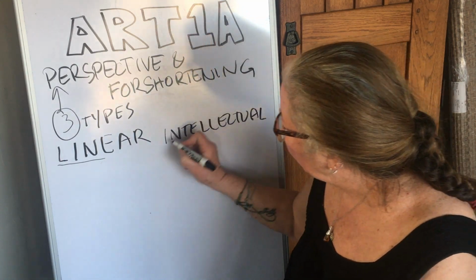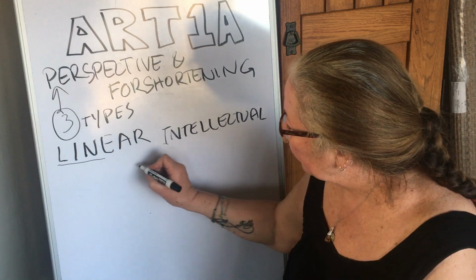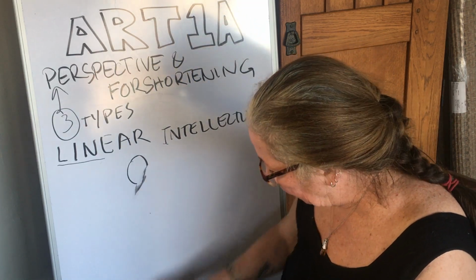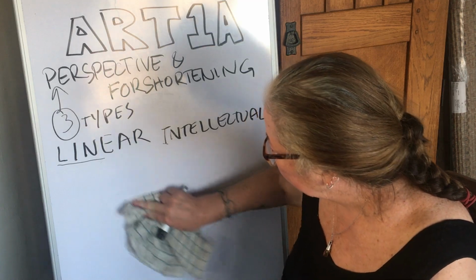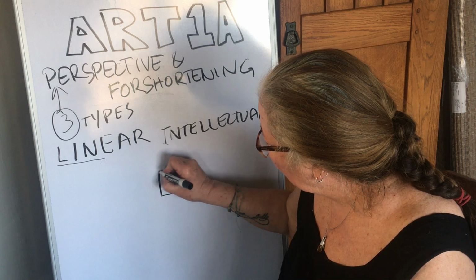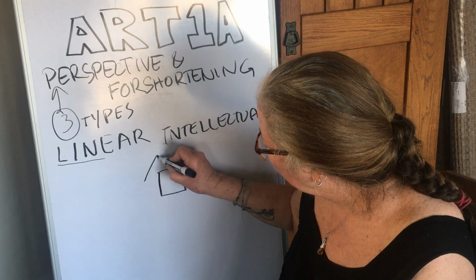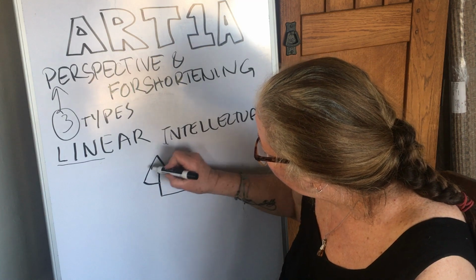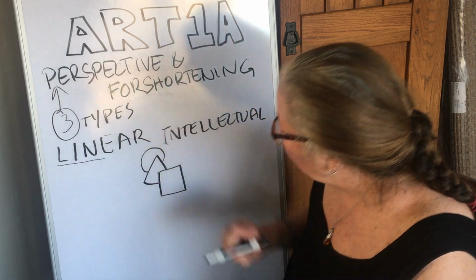So intellectual perspective, you guys, basically means things overlapping. So if I were to draw some shapes and I drew them like this, which one would be closest?